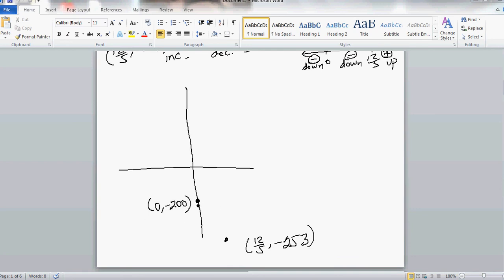This is a maximum. And at 16/5, which is over here, 16/5, negative 283, so right here.